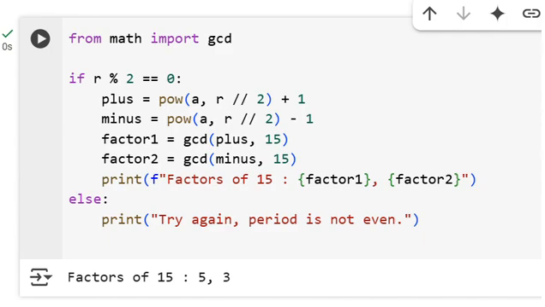So what did we learn here? Shor's algorithm shows how quantum computers can solve problems that regular computers just cannot handle, at least not in any reasonable time, I'd say.